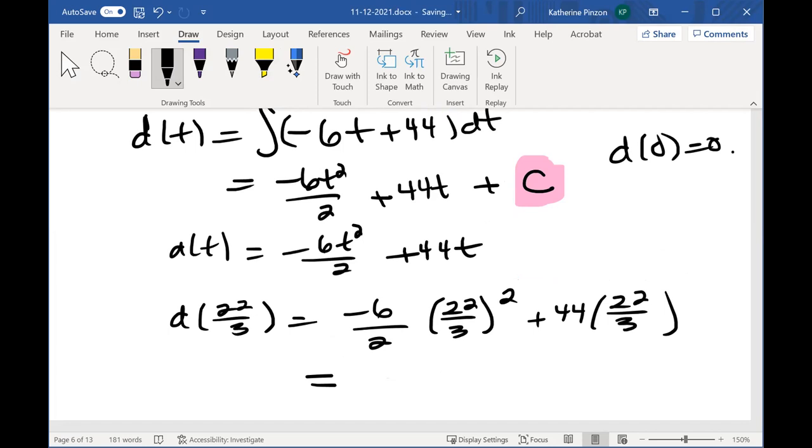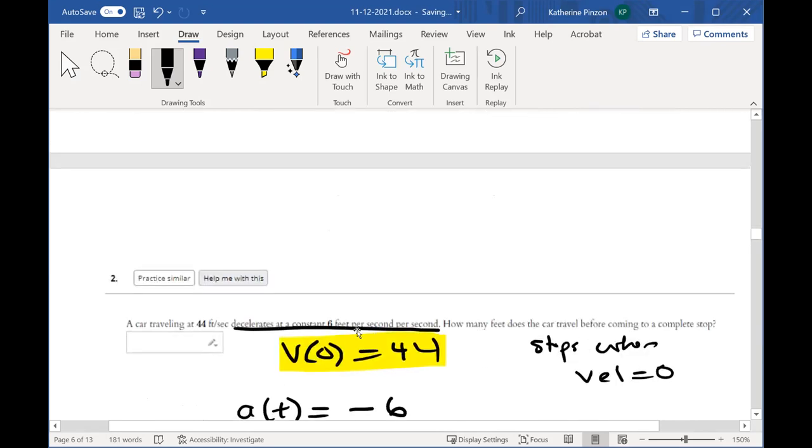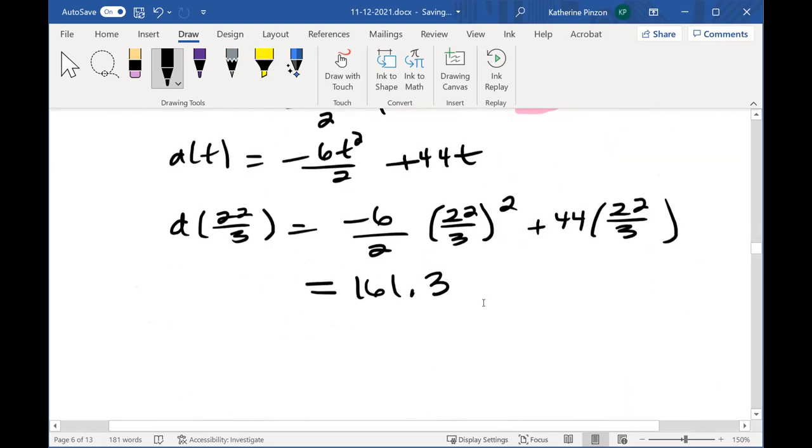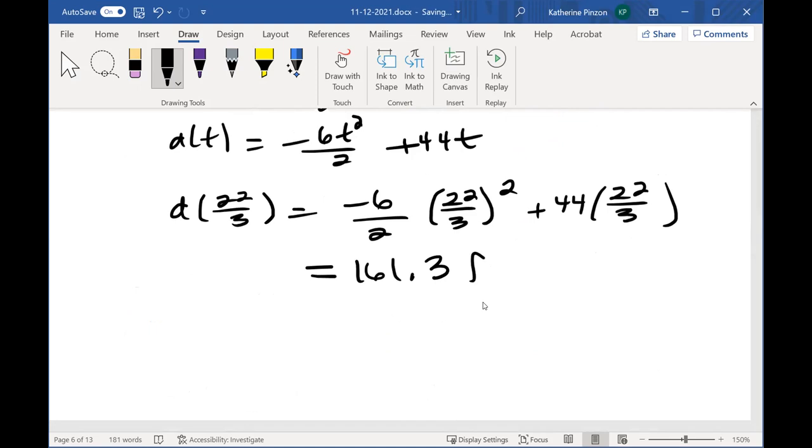That one's too hard for me to do in my head. 161.3. Okay. 161.3. I don't know how many decimals they usually want you to have, so keep some and go with it. Feet.